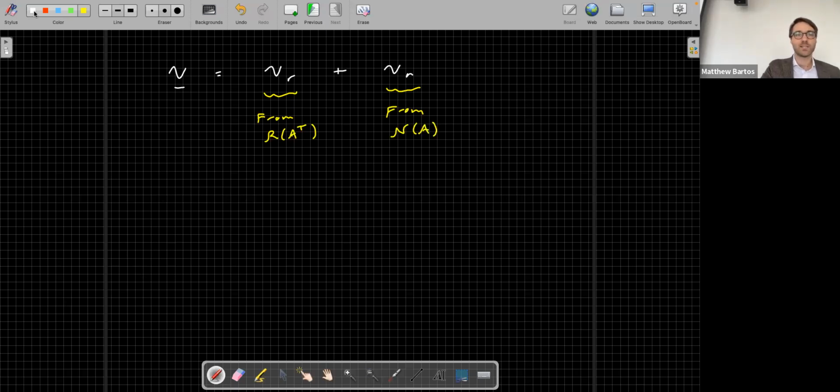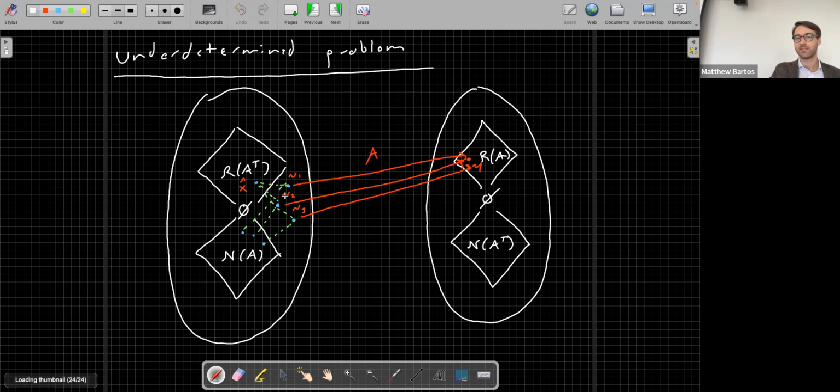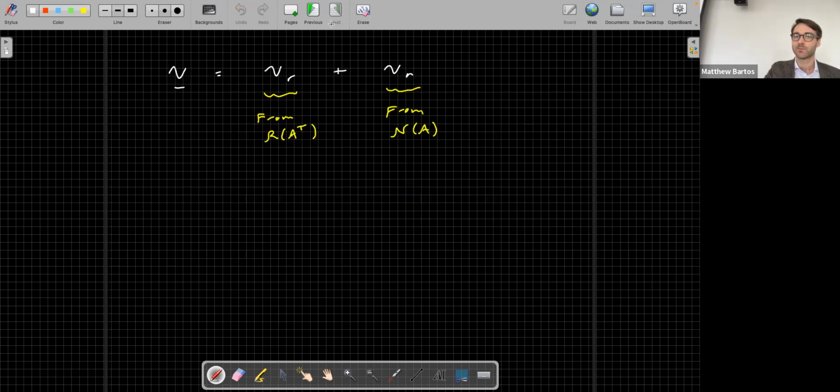So what happens when we take these points? So these correspond to these 3 points here, V1, V2, and V3. What happens when we apply A to these points? We'll get that Y is equal to A V_R plus A V_N.